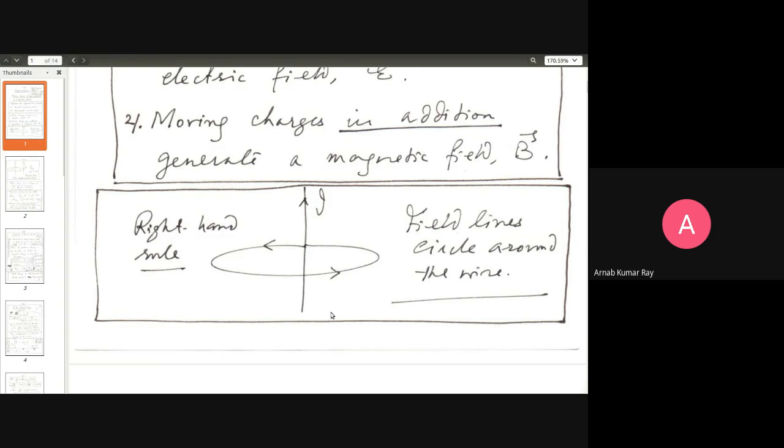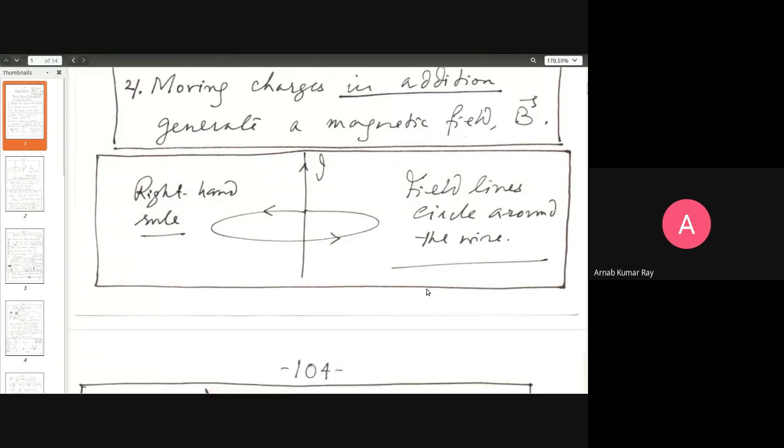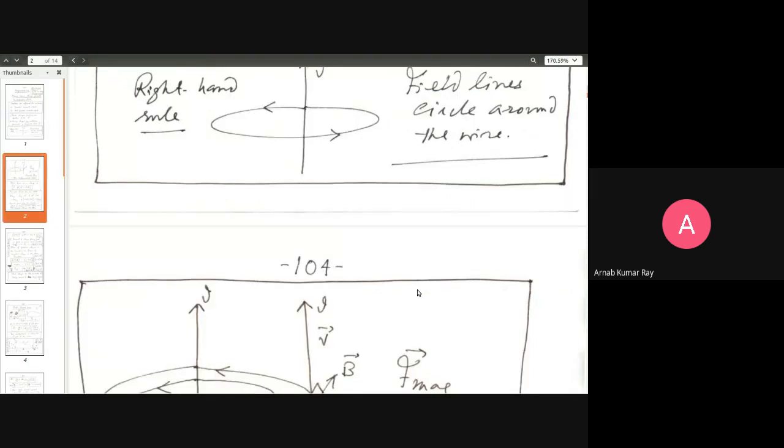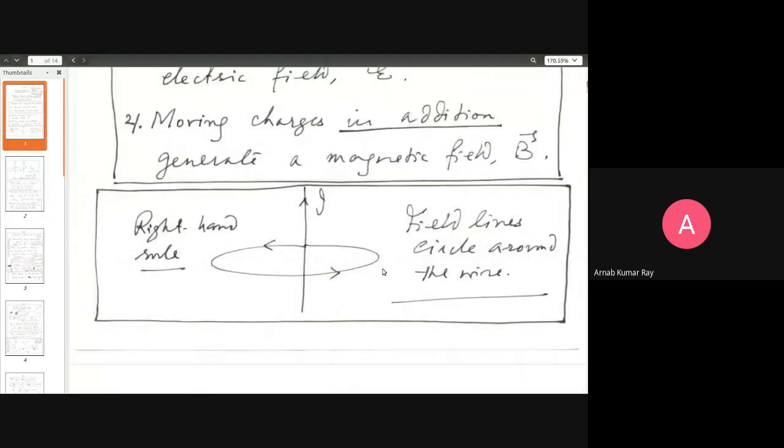And if you curl the fingers around your thumb, then the direction of your fingers will trace the field lines that circle around the straight wire. So that is the right hand rule. We shall use this right hand rule again and again in various cases, so understand this with care.